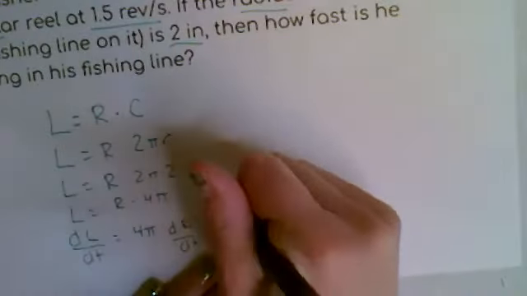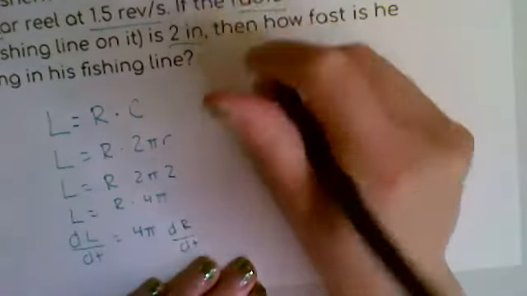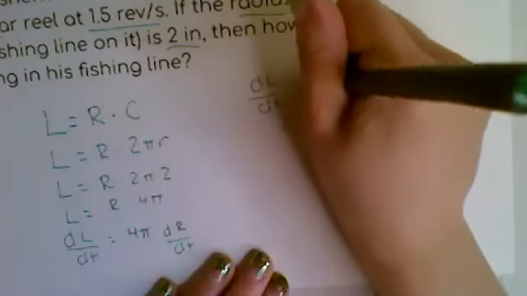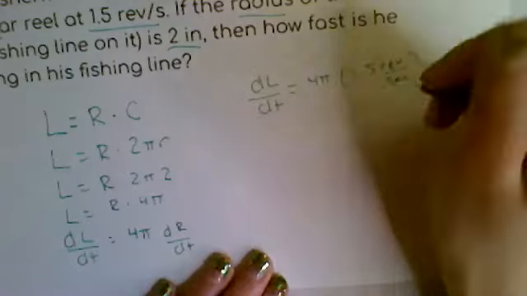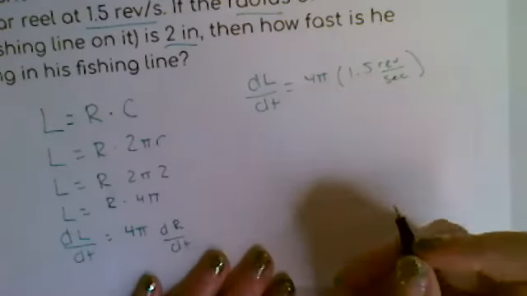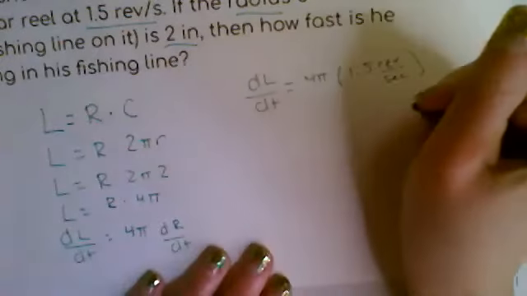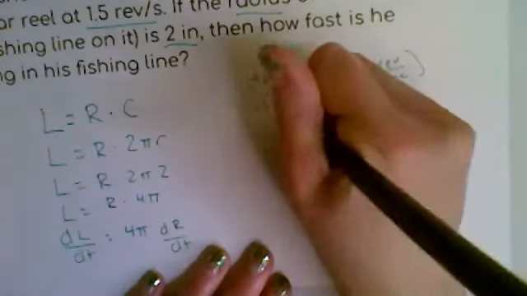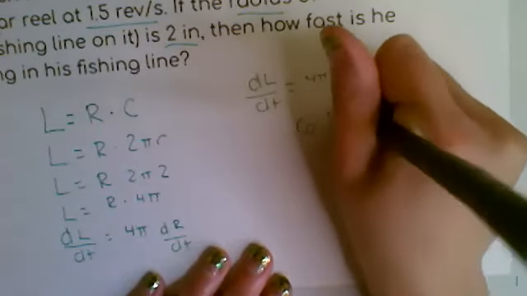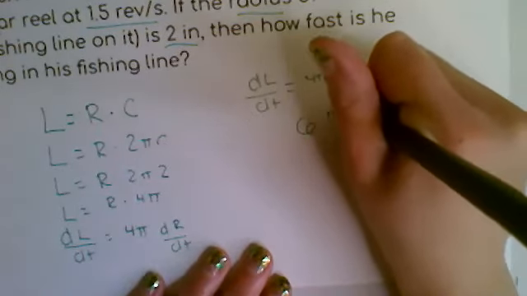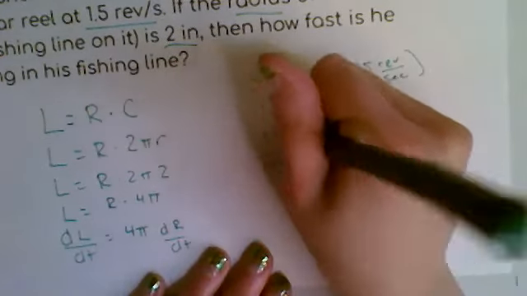So we're going to get dL dt equals 4 pi times 1.5 revolutions per second. And that is going to give me 6 pi inches per second. Okay.